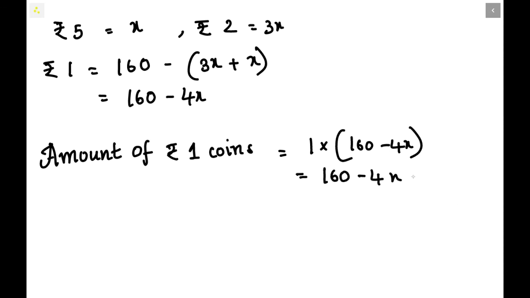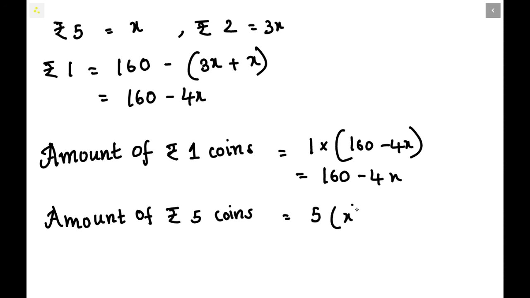So this is the amount of 1 rupee coins. Let us check the amount of 5 rupees. That will be 5 into x, because the number of 5 rupee coins is x. So we get 5x. This is the total amount of 5 rupees coins.